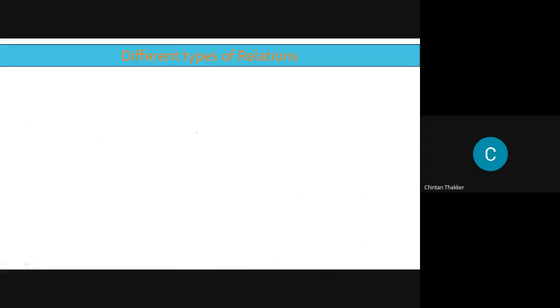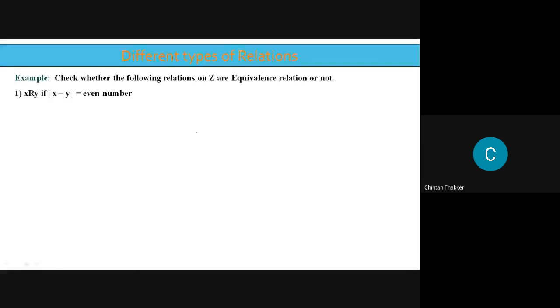Now we take some more examples. Now see this example, we have already taken all three relations, the reflexive, symmetric, and transitive. We just go through quickly here that for any integer a, we have modulus of a minus a is 0.